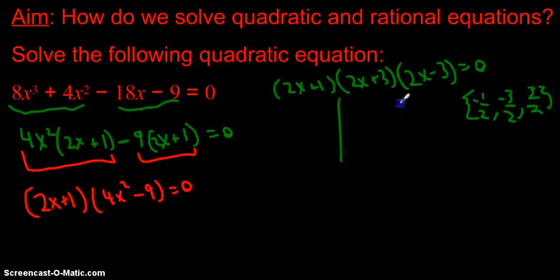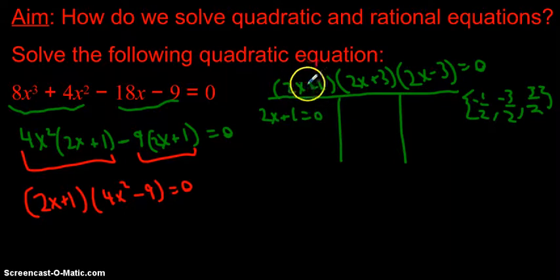So in this case, this needs a three-way chart, a t-chart. We have 2x plus 1 is equal to 0, because if this piece is equal to 0, then the entire thing is equal to 0. By solving this, we get 2x is equal to negative 1, and x is equal to negative 1/2, which is what I said it would be.